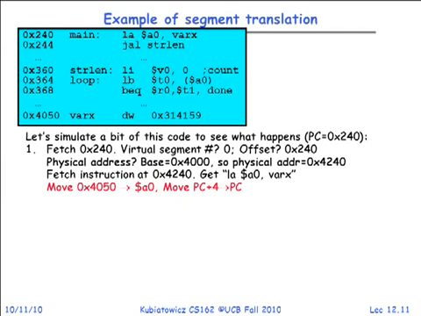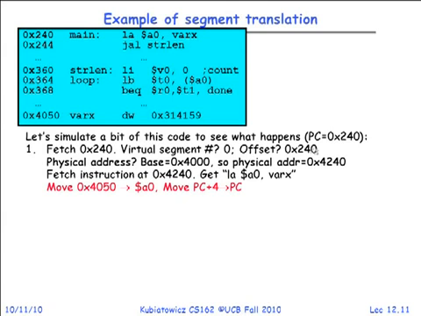So all the addresses that the processor deals with are virtual addresses, and the only time we ever translate is when we're going to DRAM. So the only time we translated was right here. When we go to fetch 240 hex, we actually have to go to DRAM. So we divide up the virtual address: the segment is 0, and the offset's 240.